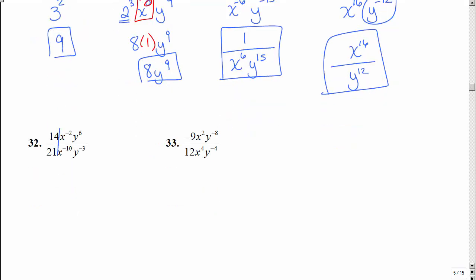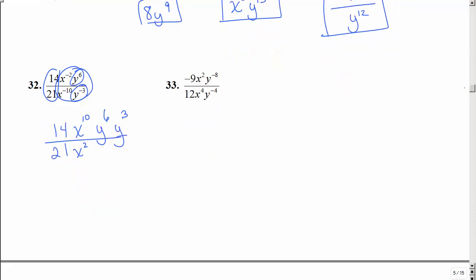32. We want to reduce, but all those negatives. Before I do anything, I'm just going to make them all positive exponents. So I'm going to take this x to the negative 2 and move it downstairs, and move x to the 10 upstairs. Now y to the 6 is already positive, so it's going to stay, but that one needs to move upstairs and becomes a positive 3.